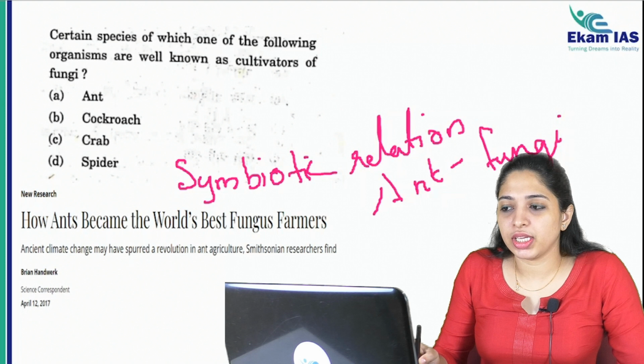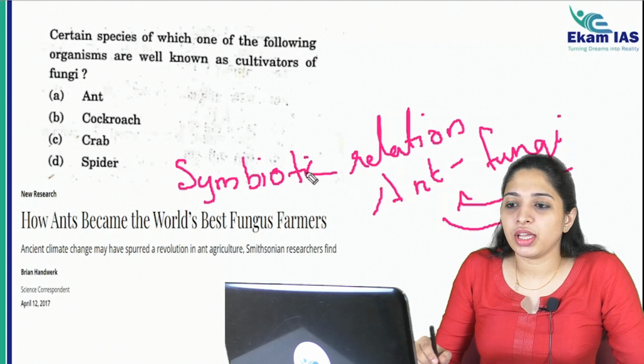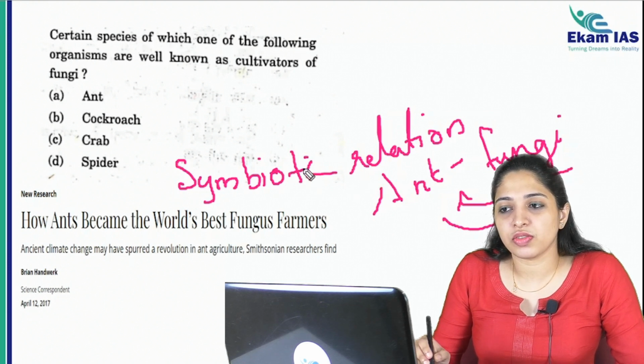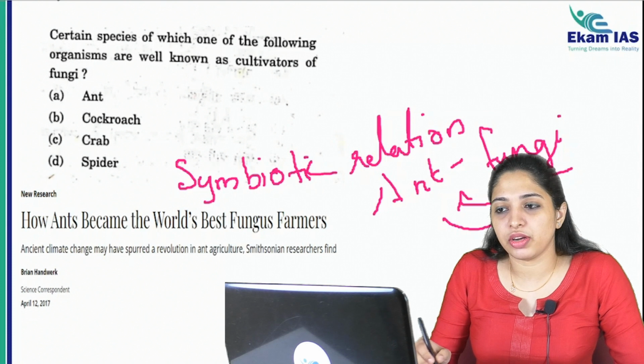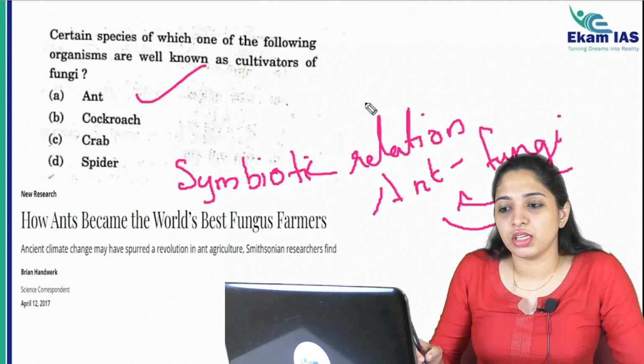That is, fungi give food to ants and ants in turn give antibacterial protection to fungi. This is the symbiotic relation between ant and fungi, and the answer is A, ant.